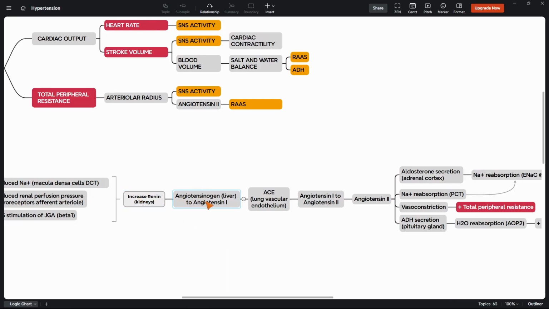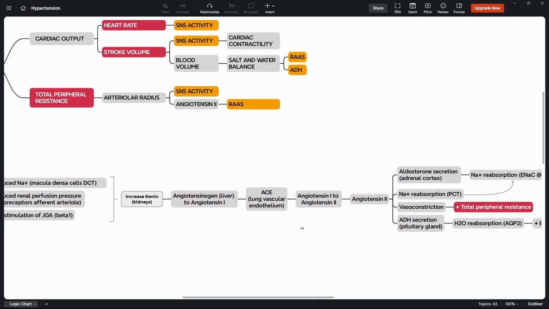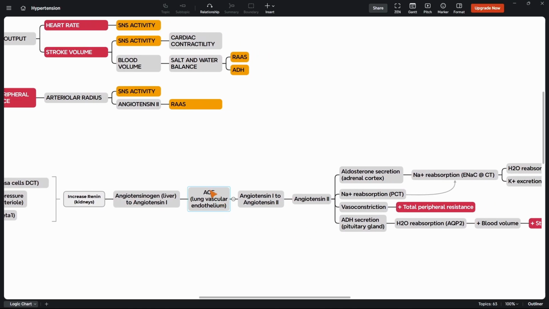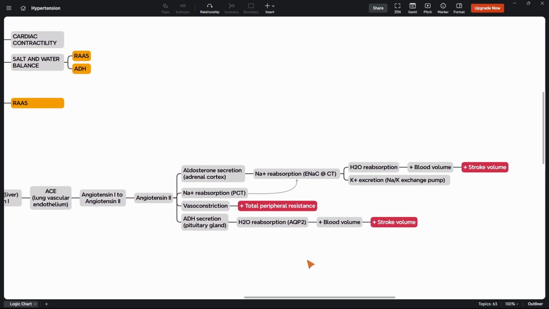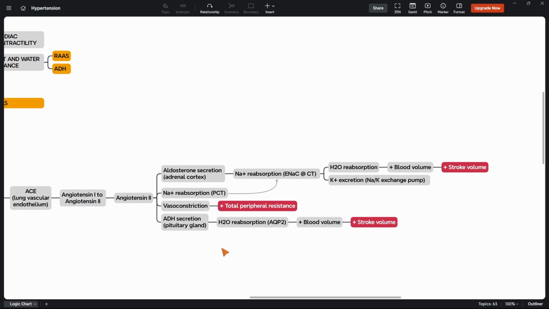Renin in turn will cause angiotensinogen, a protein produced by the liver, to be converted into angiotensin 1. Angiotensin 1 will be affected by the angiotensin converting enzyme, which converts angiotensin 1 to angiotensin 2. And angiotensin 2 has multiple effects to try and raise blood pressure and blood volume.